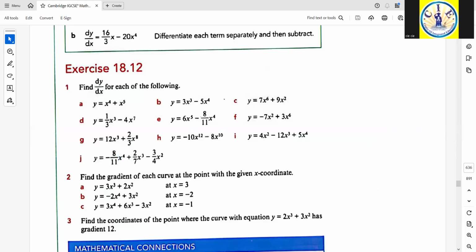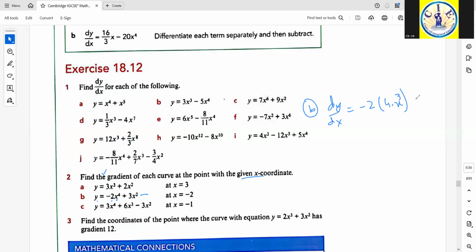Okay, now for question 2, find the gradient of each curve at the point with the given x coordinate. Let me have part B. So dy by dx is equal to negative 2, this one. Then for x raised to the power 4, this is 4x to the power 4 minus 1, that is 3.